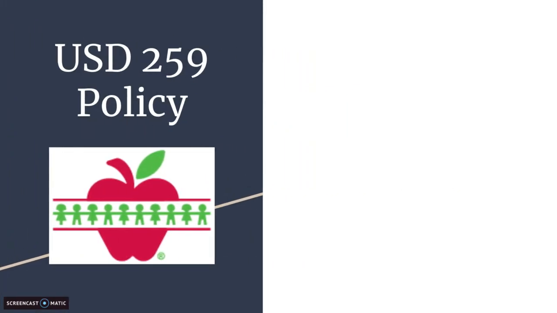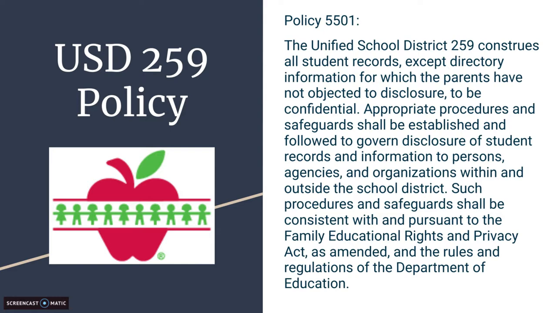So our district does have a policy regarding FERPA. It is policy number 5501, and it states that our school district construes all student records, except for any of that directory information which parents have not objected to. So if they haven't objected, it can be disclosed.